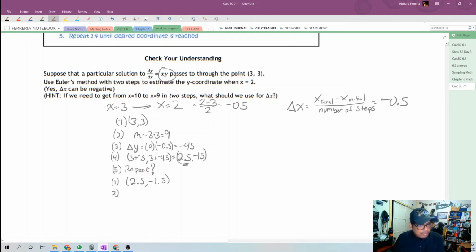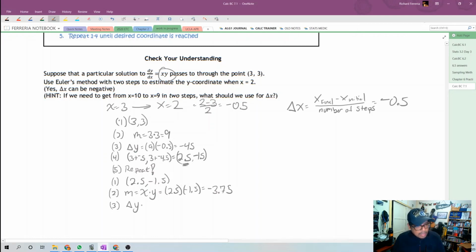So step 1, our coordinate is 2.5 and negative 1.5. Step 2, what is the slope? The slope is from the differential equation. It's x times y. So that is equal to 2.5 multiplied by negative 1.5. 2.5 times negative 1.5 is negative 3.75. Step 3 was to find delta y.